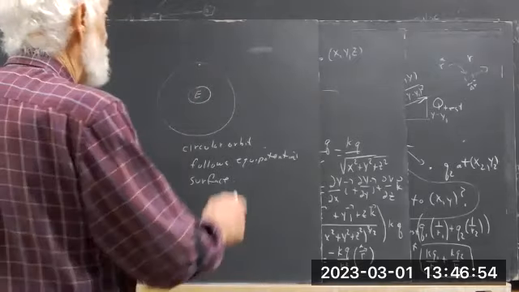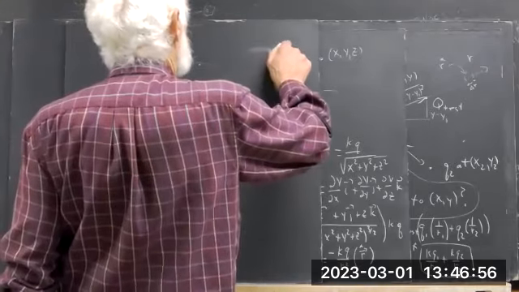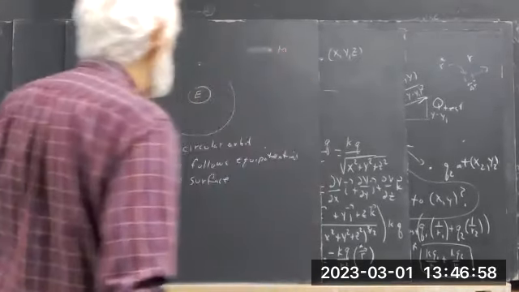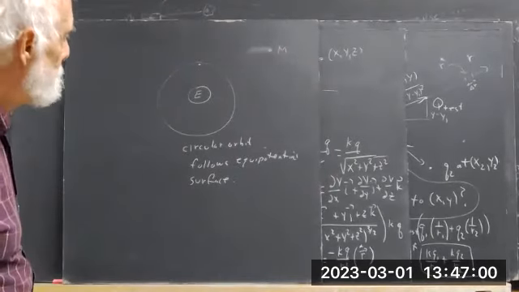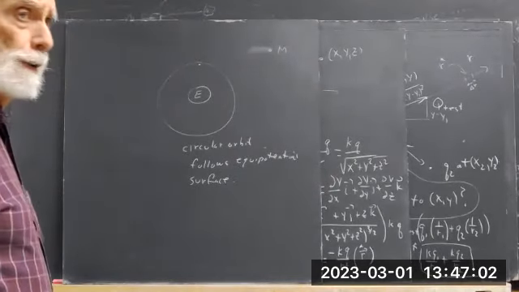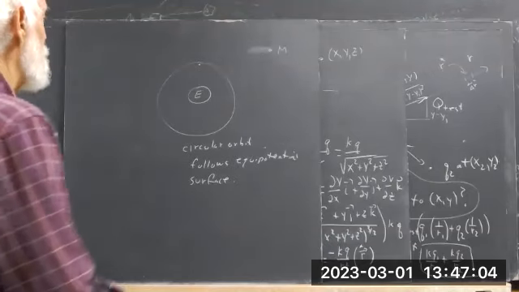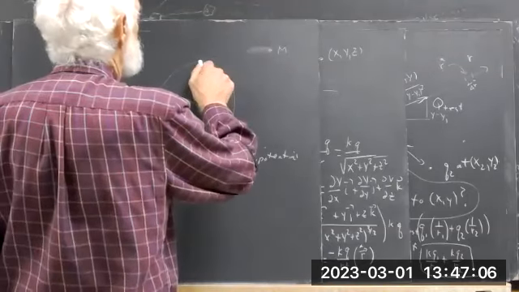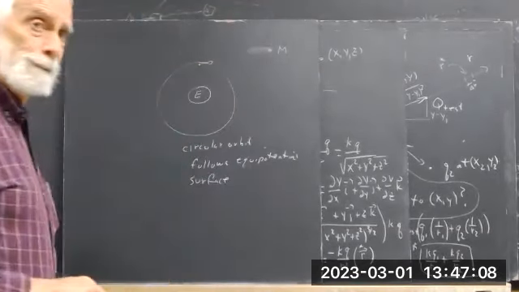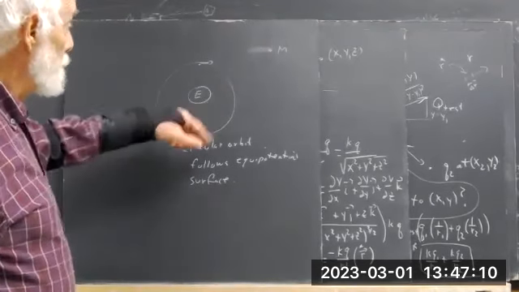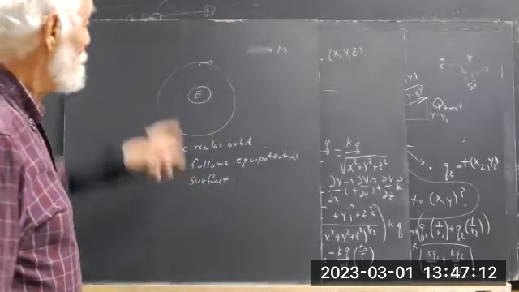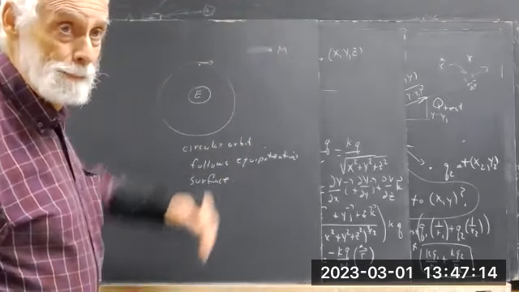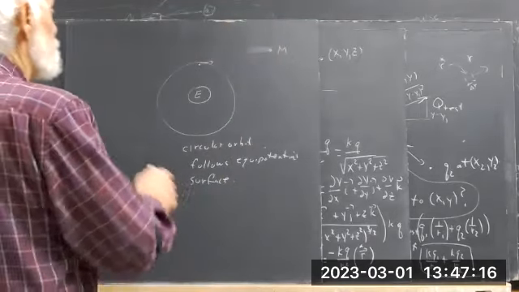Now if you have another mass, we're going to put the Moon here. What path is this thing going to take? If it starts out on this circle with the velocity to keep it in the circle, and you pull it out, you have two potential surfaces.